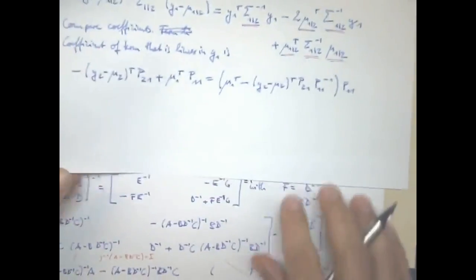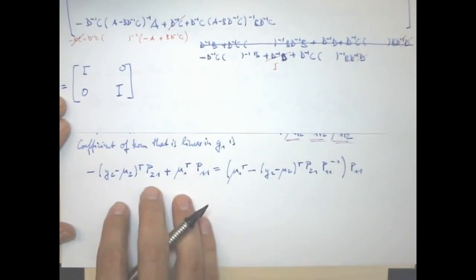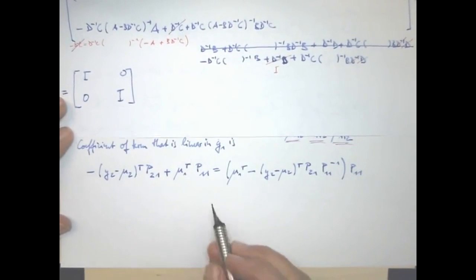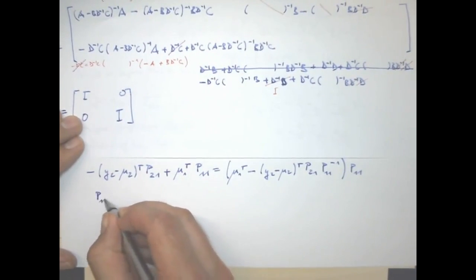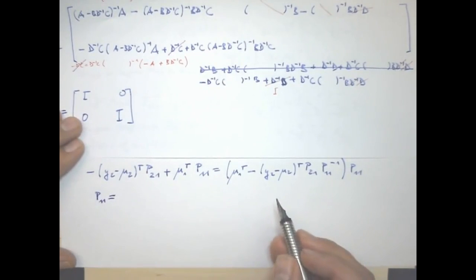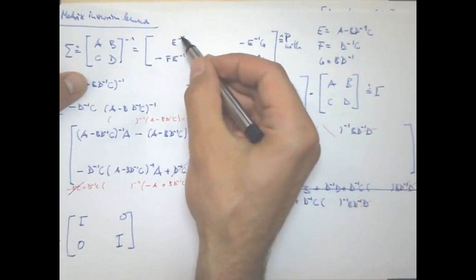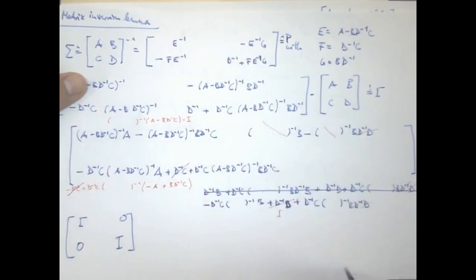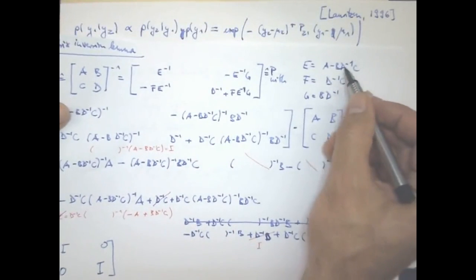Element 1,1 of my precision matrix is this part here. It's e to the minus 1. And that I can now write in terms of sigma.